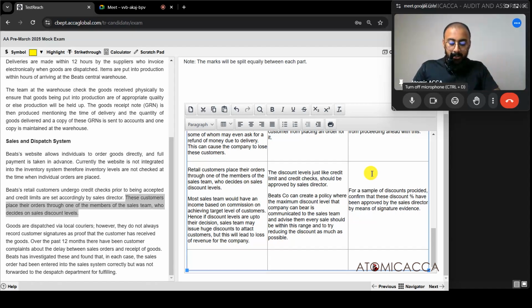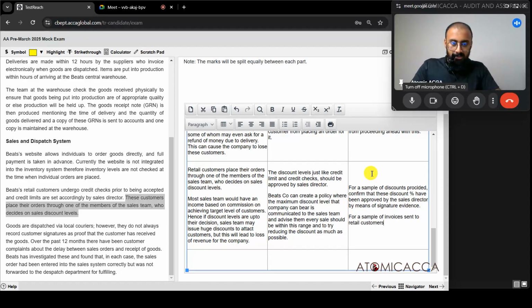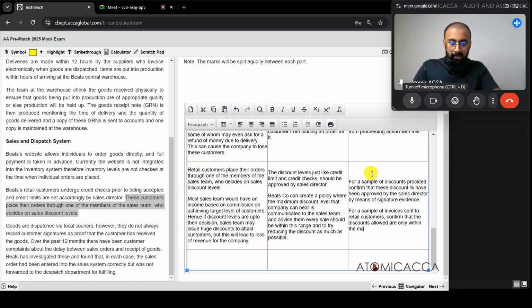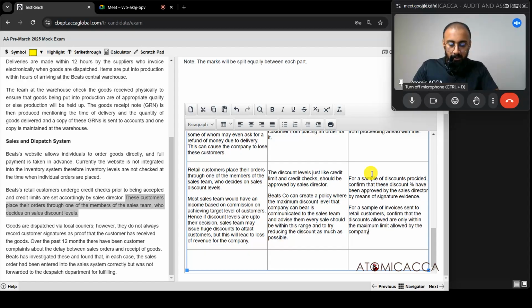Next thing, for a sample of invoices sent to retail customers, confirm that the discounts allowed are only within the maximum limit allowed by the company.